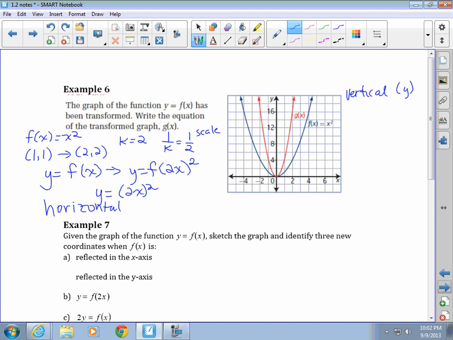If we pick a point on here, 1, 1 would be normal, and then the point on here is 1, 4. So it went to 1, 4, which means we had a factor of 4.